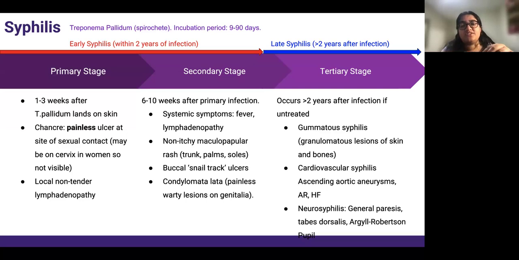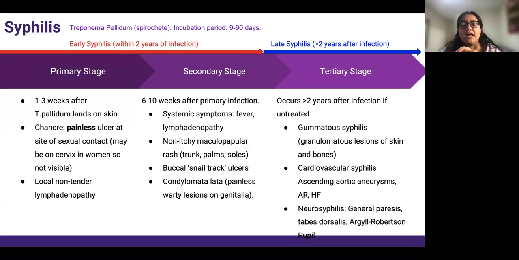That's because the bacteria is within the blood. And when it's in the blood, it can bind onto the endothelial cells of the vessels and then manifest as a non-itchy maculopapular rash on the skin, which normally starts off on the trunk, then moves to your arms and legs, and then the palms and soles of your hands and feet.